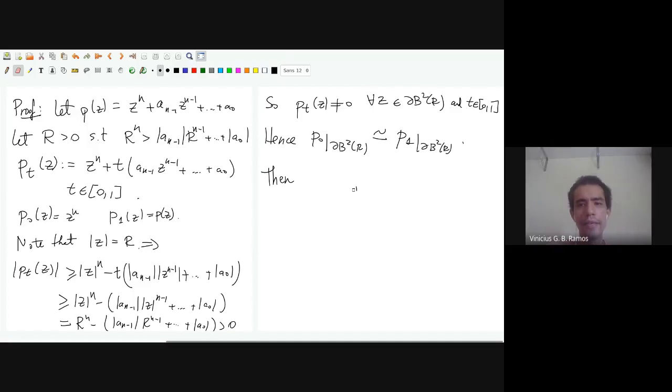Now you can divide it by the norm. So then this is also true when you divide them by the norm. It's obvious they're homotopic, but the point is that even when you divide by the norm, they're still homotopic because the homotopy never hits 0.